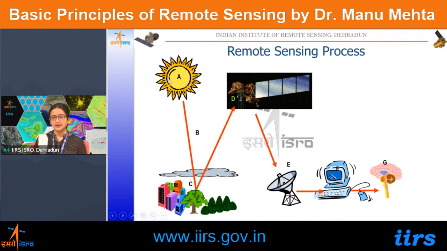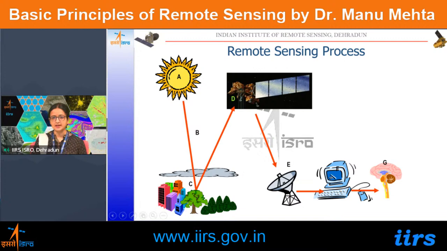First of all, any target or any piece of information to be coming from any object needs to be given some energy. So if C is the target, let us say this is my object of interest. This object of interest must receive energy from somewhere. Either it is itself the source of energy, or it is illuminated by some source of energy, artificial or natural.